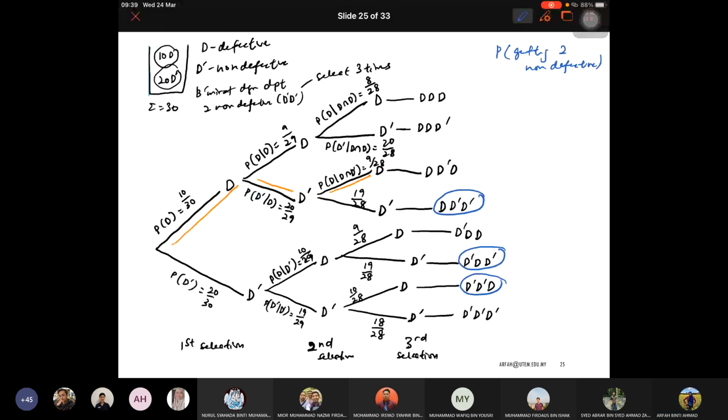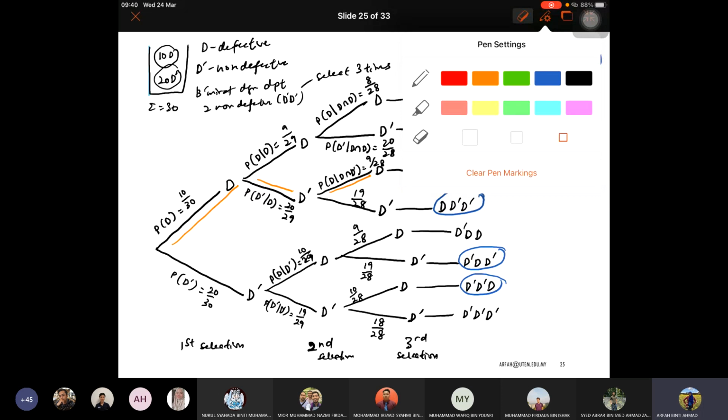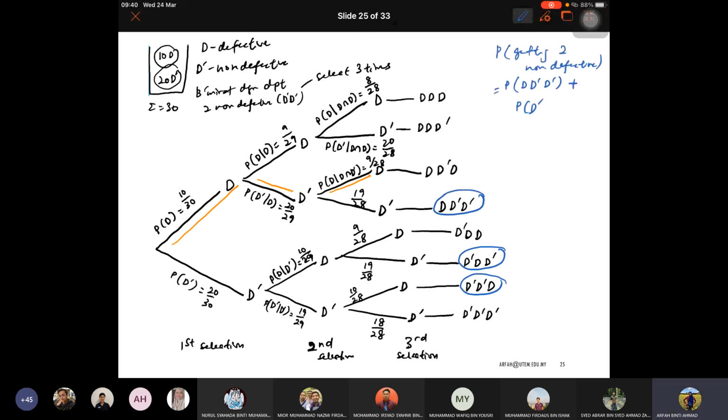Okay. So probability of getting 2 non-defective sama dengan kebarangkalian of dapat D, D prime tambah dapat D prime on first selection and then dapat D and D prime, okay, plus kebarangkalian dapat D prime and D, okay.